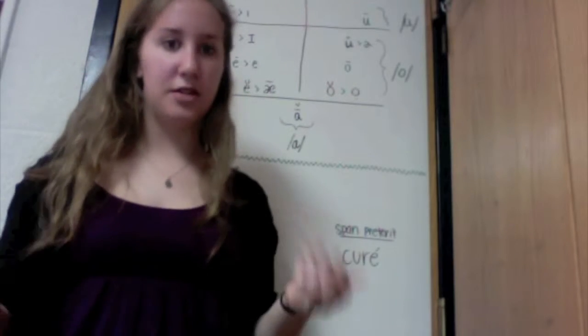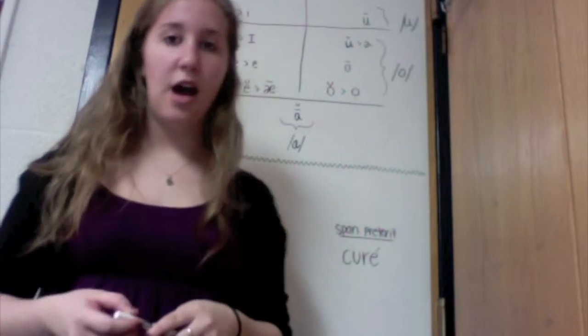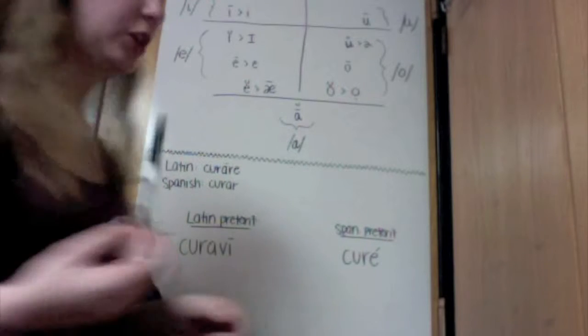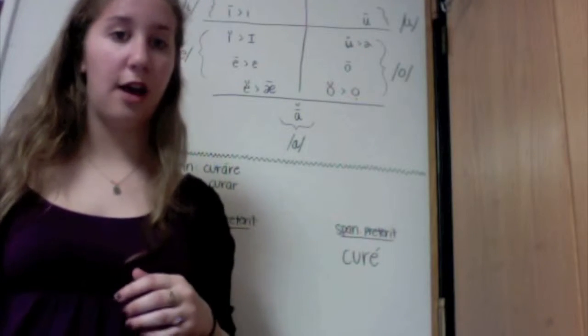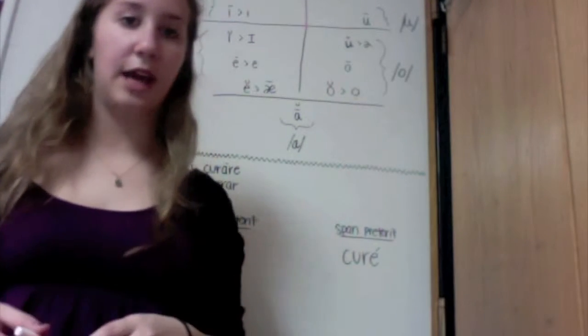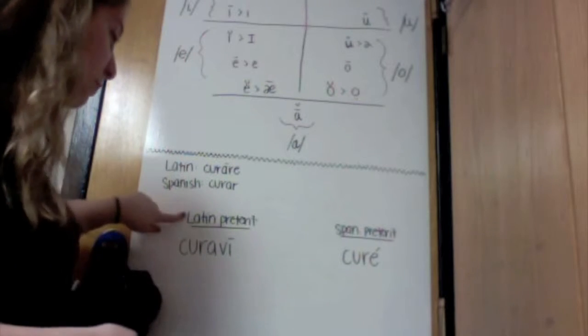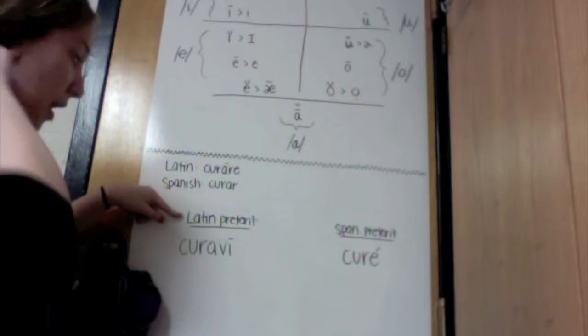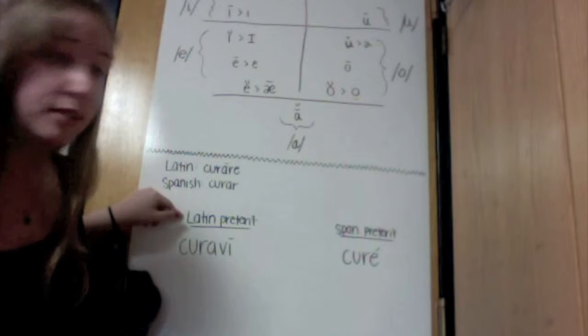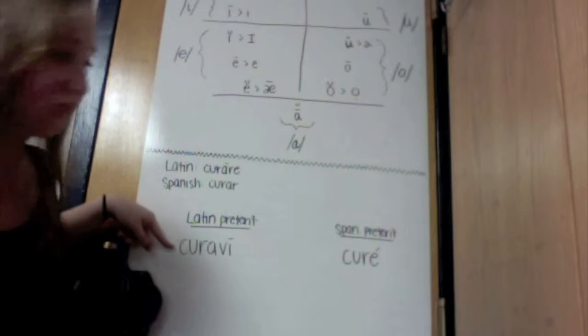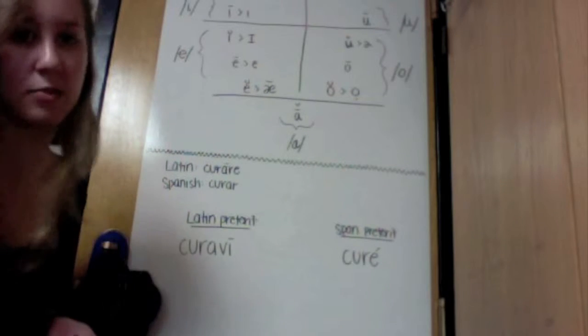In Latin, we also have preterite tenses, and I'm going to use the verb curare, or curar in Spanish, again. The Latin preterite for I cured is curavi, because the V's are pronounced like W's.